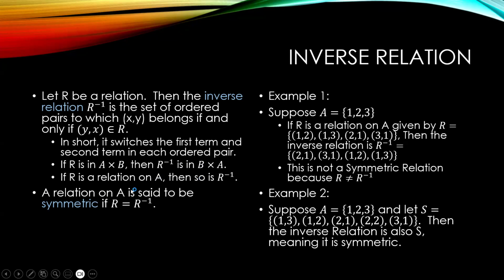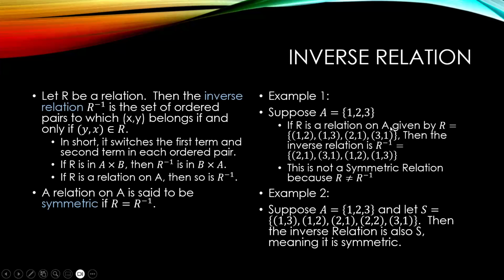A relation on A is said to be symmetric if R and R inverse are exactly the same. Doesn't happen that often, but when it does, there's a lot of interesting facts that we can figure out. Here's a couple examples. Suppose that A is equal to {1, 2, 3}.